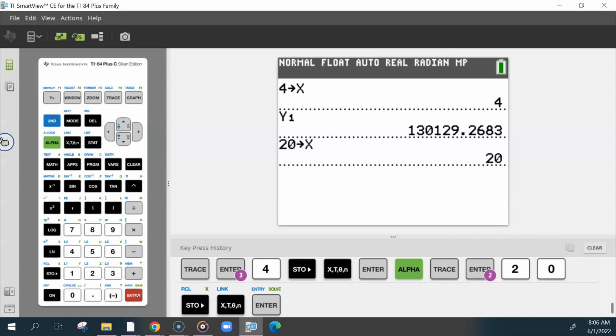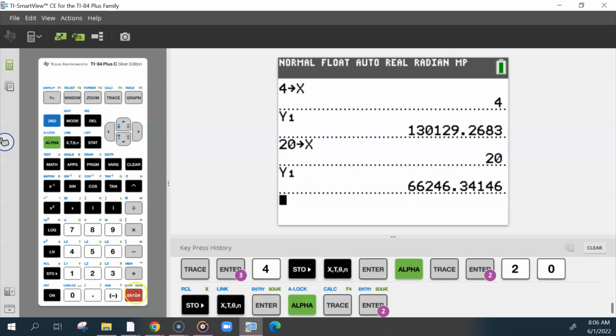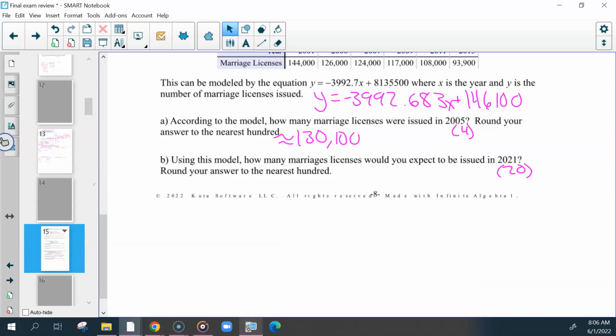And then go back and grab my Y1 from alpha trace, and hit enter again. This one also says round to the nearest 100. So 66,246, or 66,200.